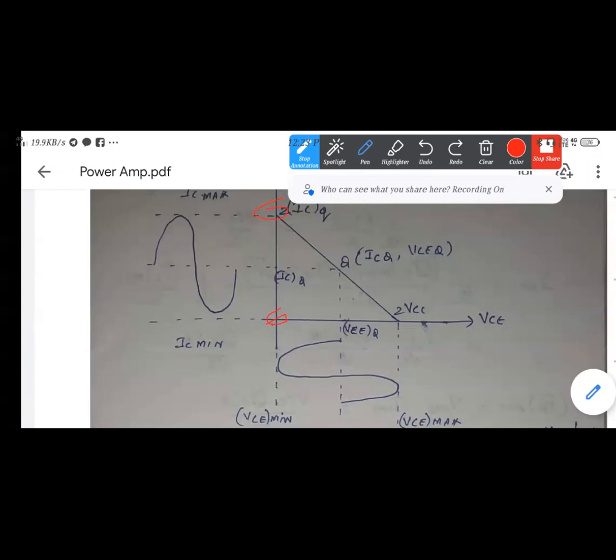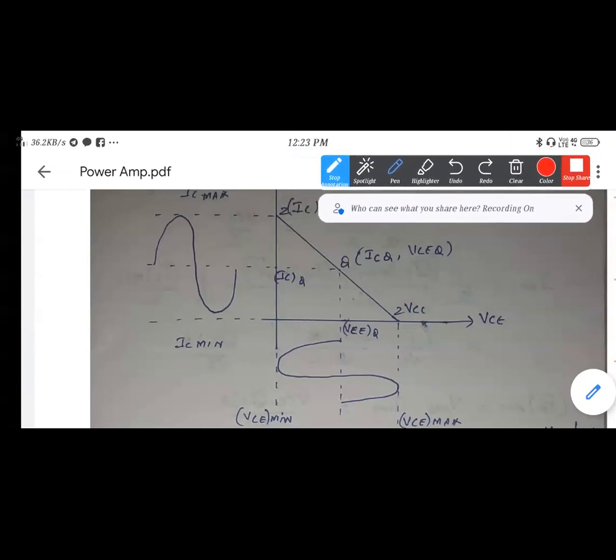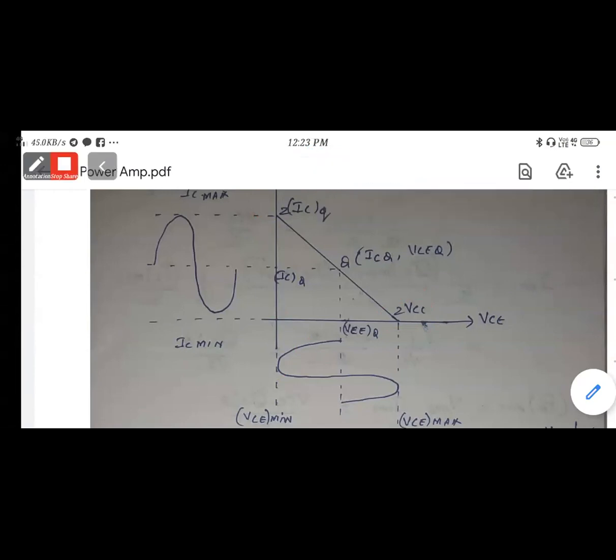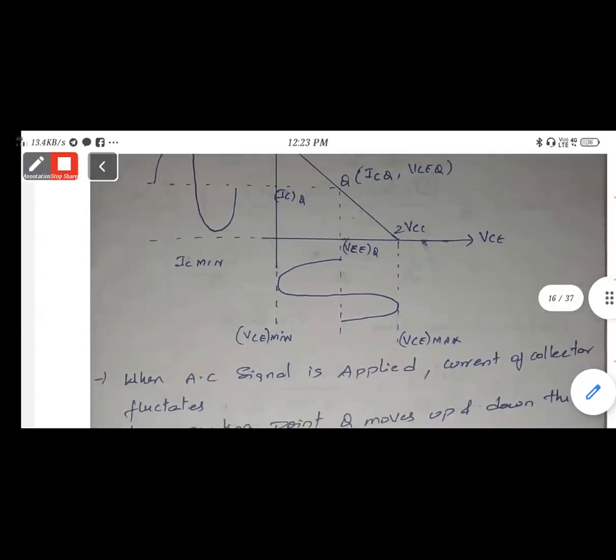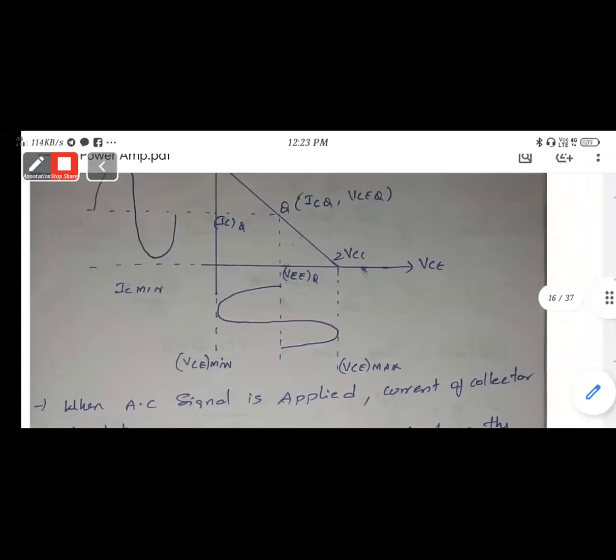From this waveform, IC maximum, IC minimum, VCE maximum and VCE minimum are set like this. With these considerations, if you have any doubt, ask once.